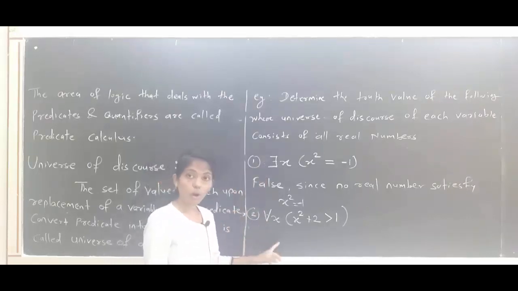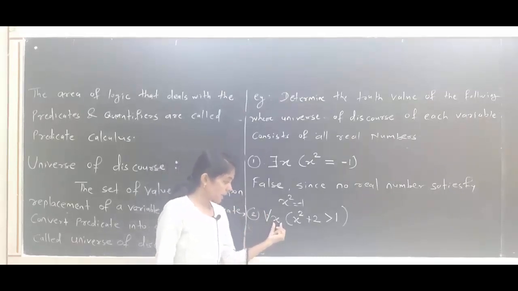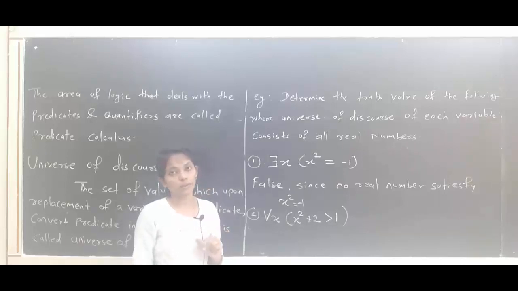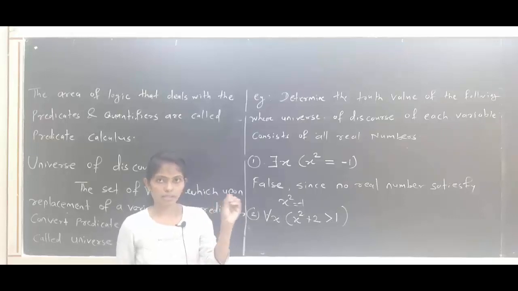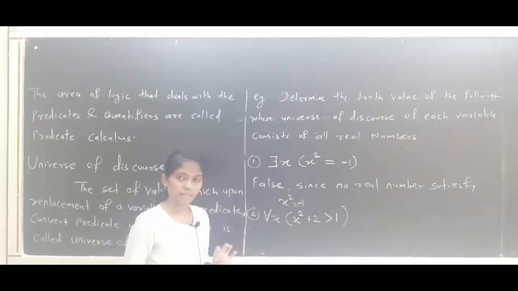And here for all, for every, that is for all x square plus 2 is greater than 1. Okay, now if we take x is equals to 1, then 1 square is equals to 1 and 1 plus 2 is 3.